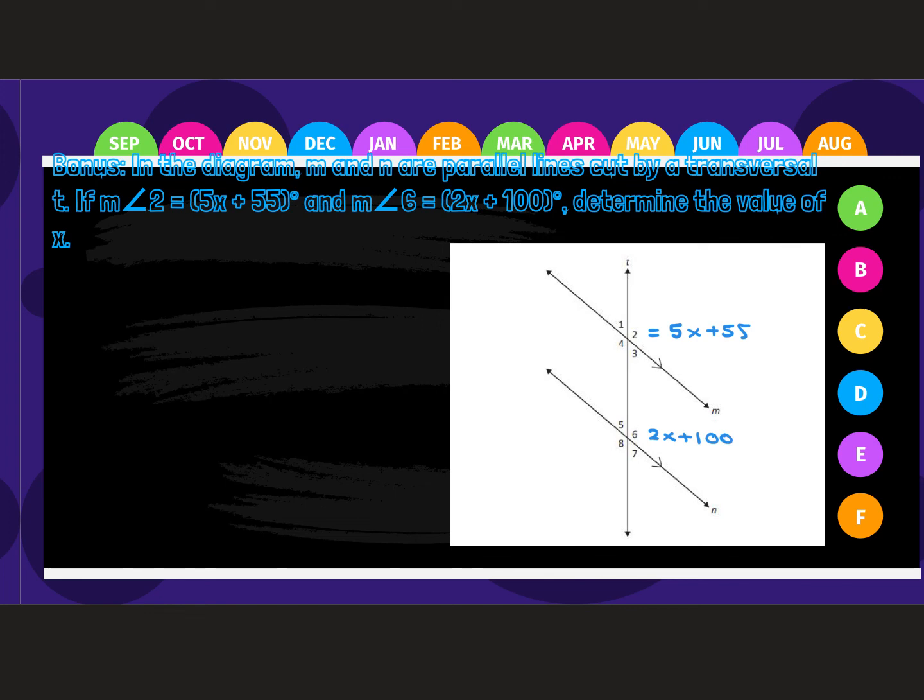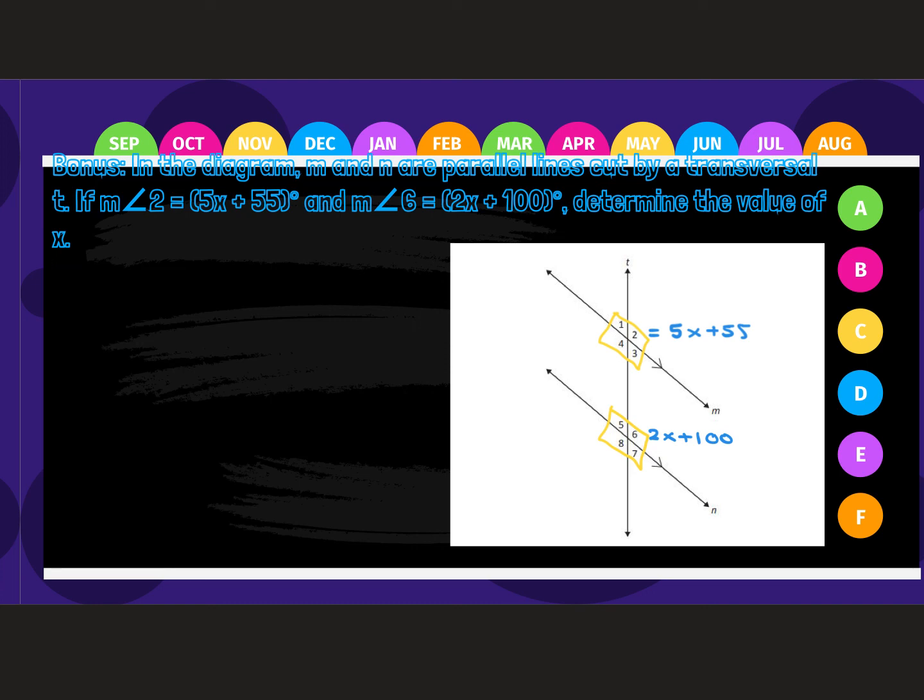All right. So looking here, I'm not going to say it is confusing, but if we look at the position of our angles, and again, this is a bonus, so do not panic. You'll get more into this in geometry. If we look at the position of our angles, we can see that 2 and 6 are in the exact same position.